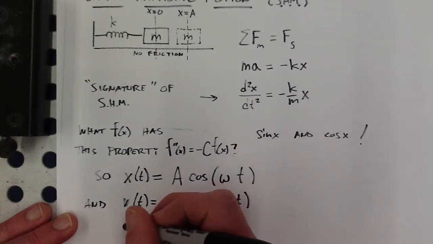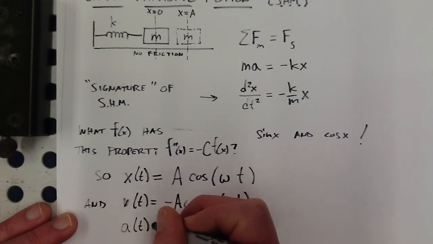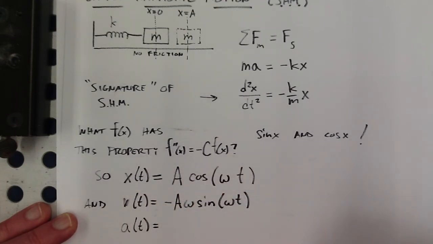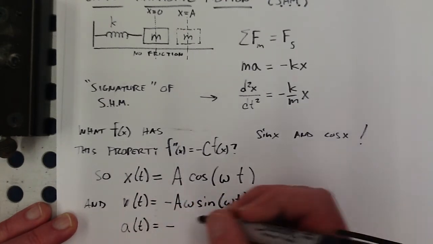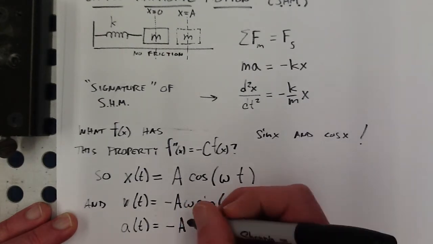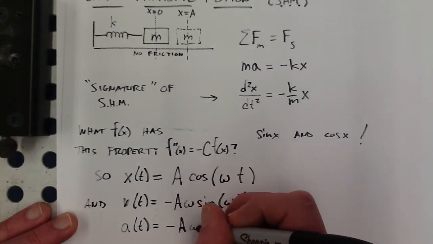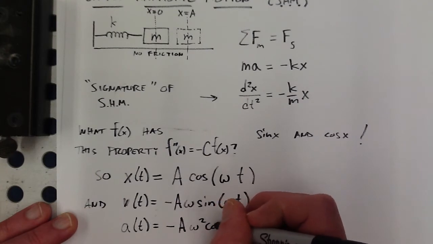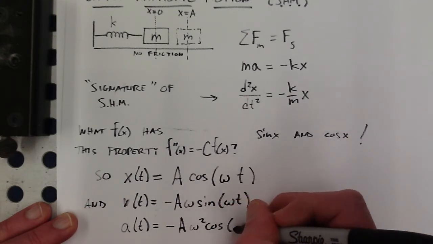And when I do the acceleration, that's going to be negative A, another omega pops out there because of ye old chain rule.